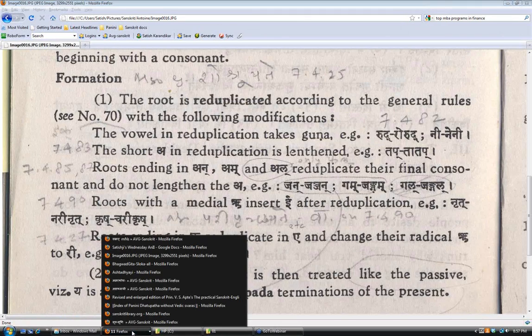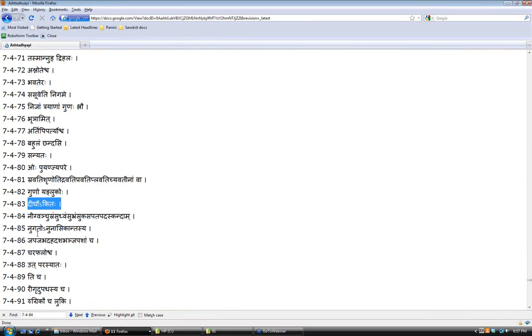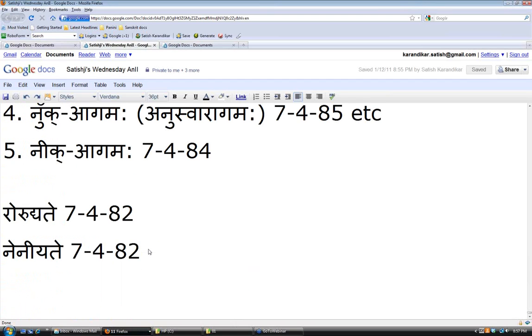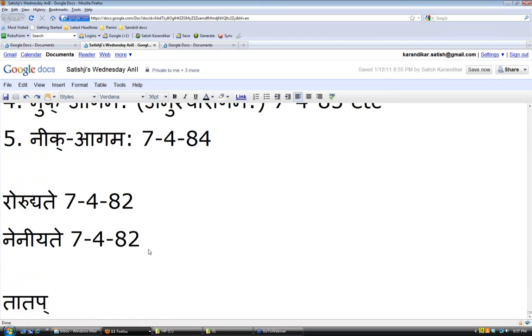There's no reason for a nuk agama. It's not anunasikanta. It's not in one of these rules, which is the japa jaba. So tap is not in any of these. So nuk nasti. Tasmat karanat abhyasasya dirgho bhavati, becomes dirgha. So tatapyate. Tatapyate is 7483.